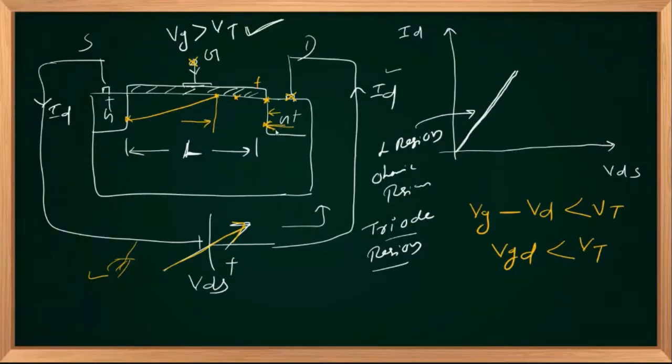If a region is not neutralized, you will have an electric field E. That electric field drifts the carriers present at this channel edge directly to the drain, right? So there exists a current due to the drift of carriers in the electric field created in the depletion region.